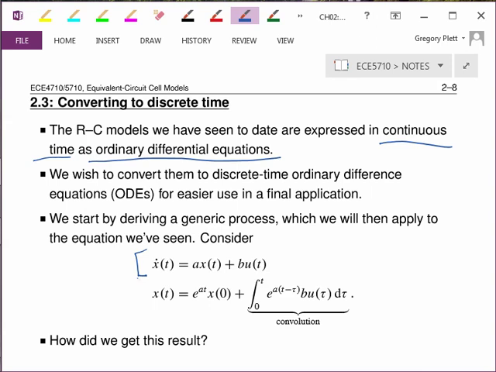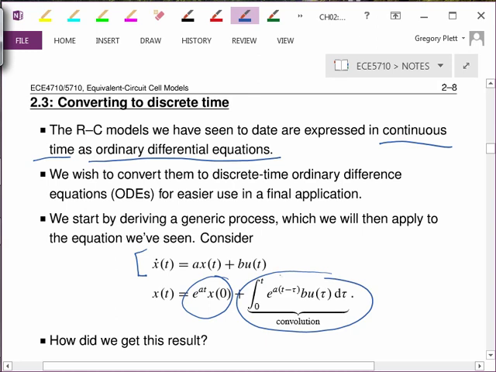So this first part is a response to initial condition, and the second part is a kind of convolution. So if you've taken a linear systems or signal analysis course, this should not be any kind of surprise to see a convolution in the result of some system having a differential equation in it.